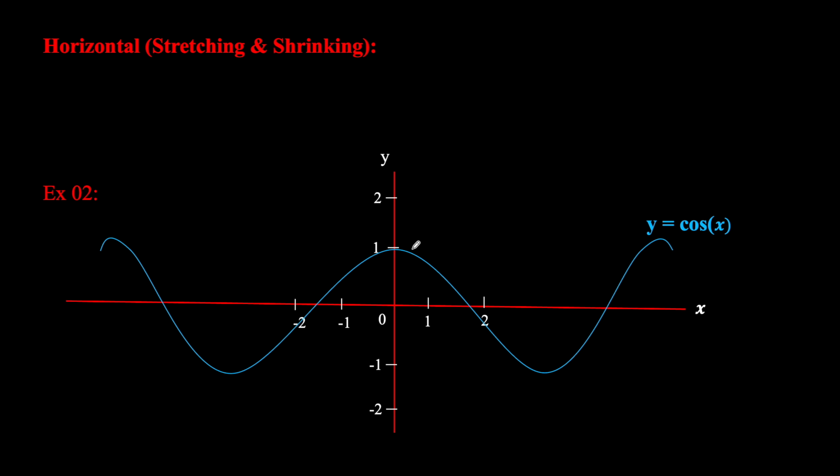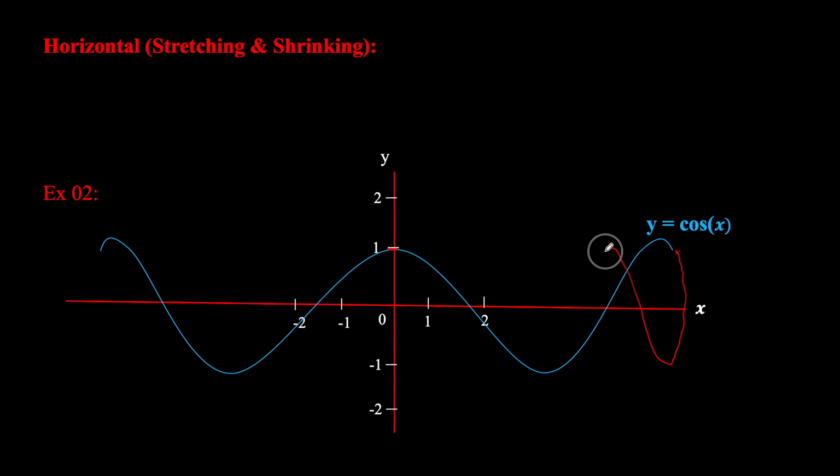This means we keep our curve, cosine of x, between 1 and minus 1, but we will shrink it on the x-axis, or stretch it on the x-axis. If I want to shrink this curve horizontally, I will do some operations on x to make it like that.